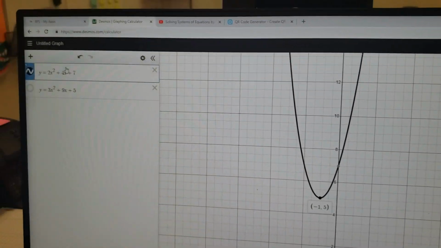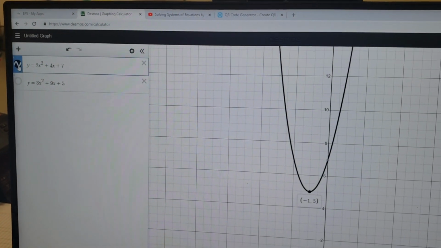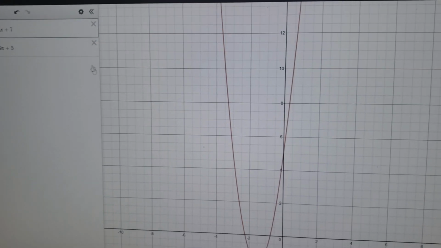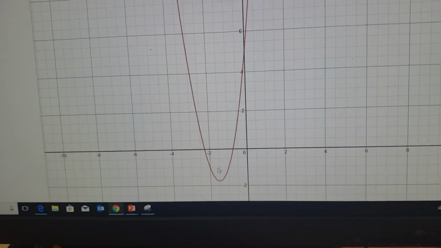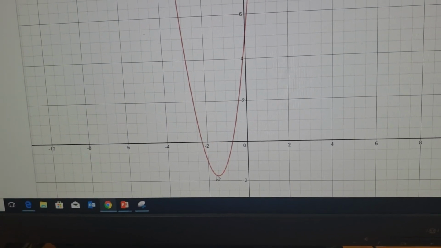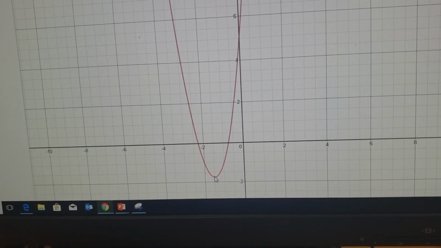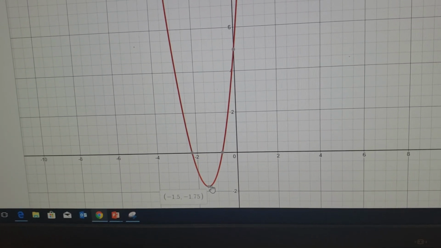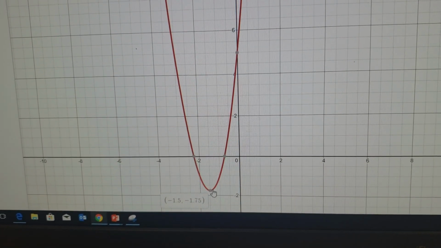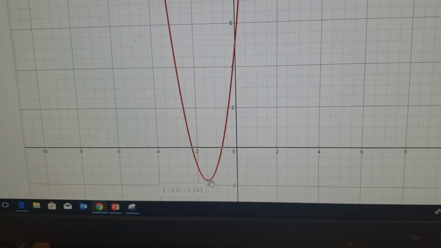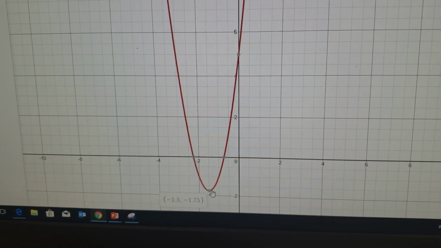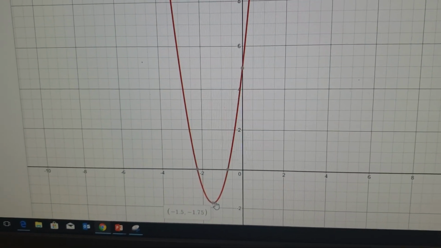And then if I go over here, I take off this equation and I can put on the other one. So this was your equation. And if we go down here to the vertex, we get -1.5, -1.75. So you can always use your graphing tool, like I like Desmos. You can always use your graphing tool to go check your answer when you're finished.